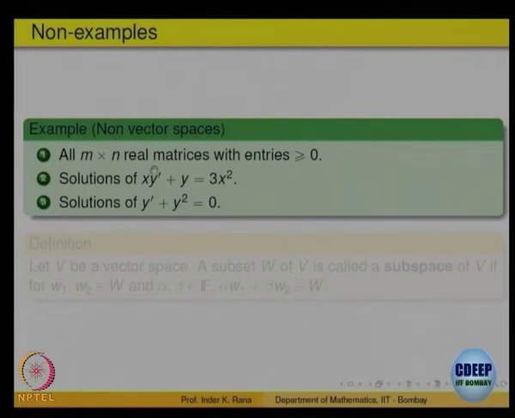But before that, let us just look at all real matrices of size m cross n such that all the entries are bigger than or equal to 0. Does this form a vector space under addition of matrices? Of course, if we add, you will get again a matrix of the same type, but if you multiply by a scalar, you may not get a matrix of the same type.